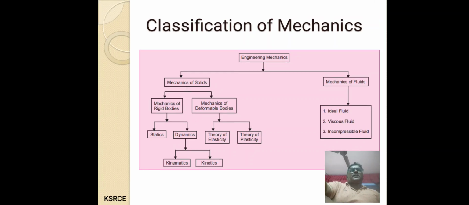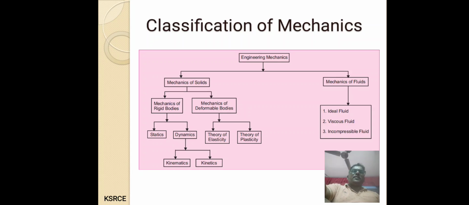the engineering mechanics. Mechanics is classified into two categories: mechanics of solids and mechanics of fluids. Mechanics of fluids deals with fluids, compressible fluids, viscous fluids, and ideal fluids. Mechanics of solids deals with the mechanics of rigid bodies and the mechanics of deformable bodies. Mechanics of rigid bodies is the detailed study of engineering mechanics.